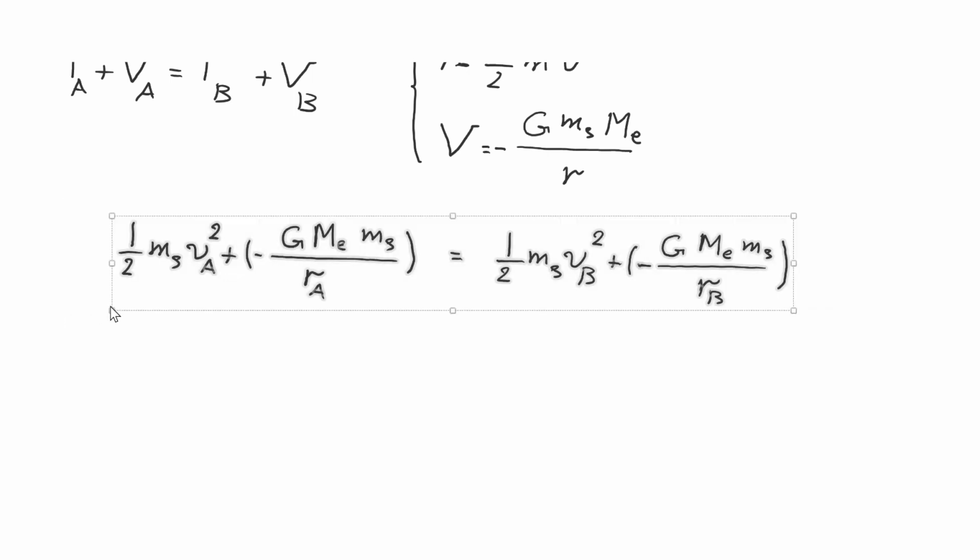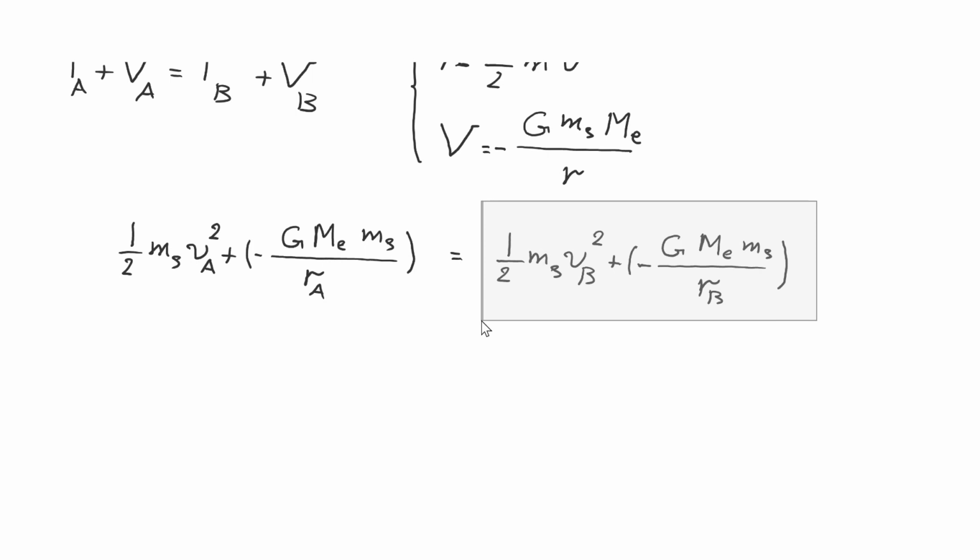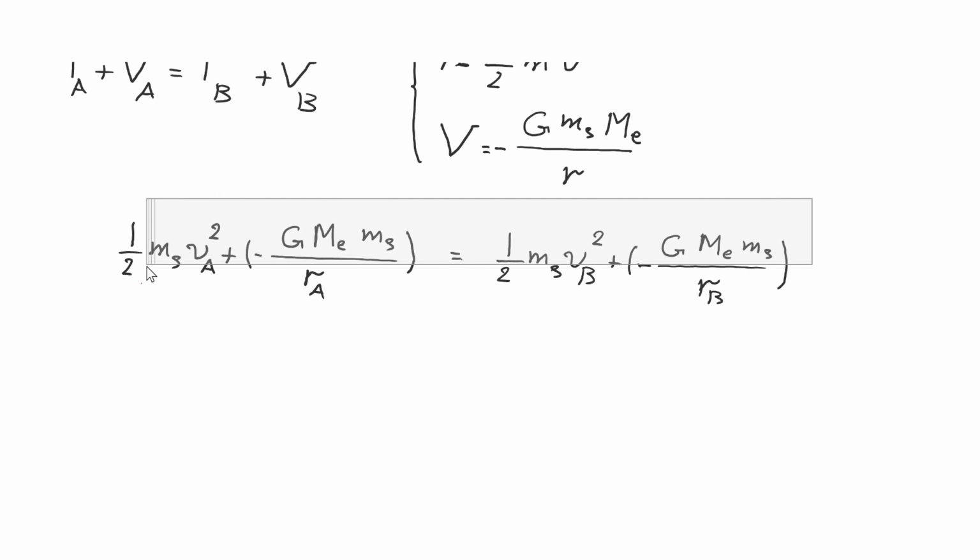It gives me the summation of the kinetic energy and the potential energy at point A, and the summation of the kinetic energy and potential energy at point B, based on the parameters that I have. Now I need to substitute the values of these parameters to figure out another relationship between VB, or the velocity at point B, and RB, or the distance or position vector at point B. First, I should note that in this equation I have the mass of the satellite in each term, so I'm going to cancel that out.